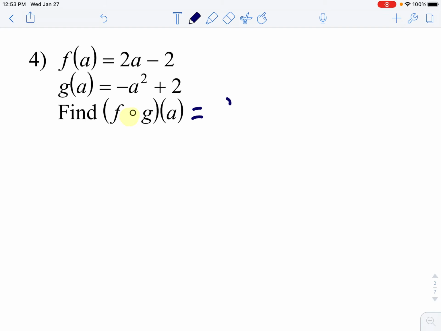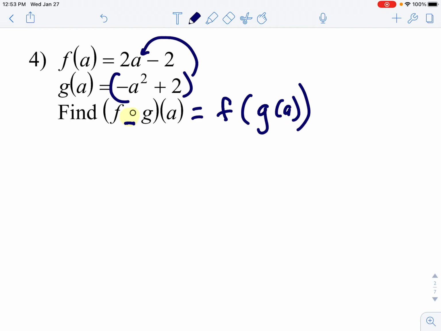All right, number 4. f of g of a. So we need to plug this second function into the first function. Just like I did before, write the first function down, but instead of the a, put parentheses. Inside the parentheses, write that second function, negative a squared plus 2.